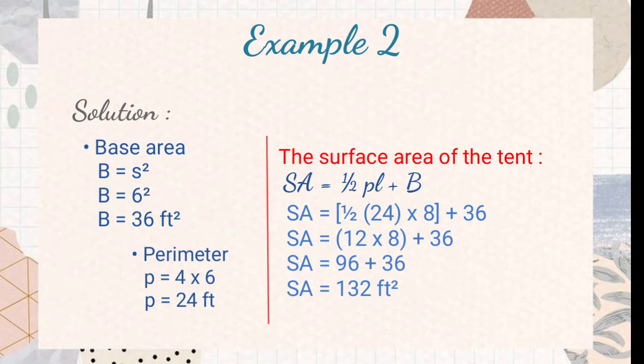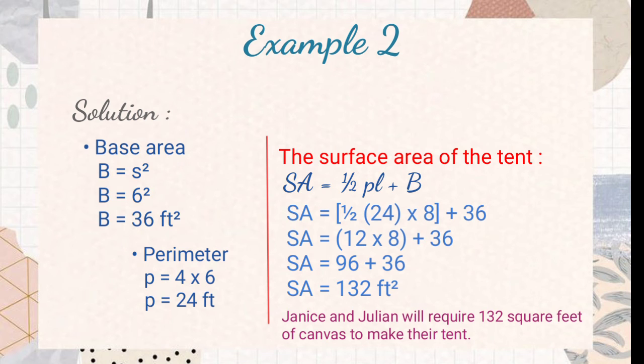Then add the values together for the answer, making sure to include the appropriate unit of measurement. 96 plus 36 equals 132 square feet. The answer is the surface area of the tent is 132 square feet. So Janice and Julian will require 132 square feet of canvas to make their tent.